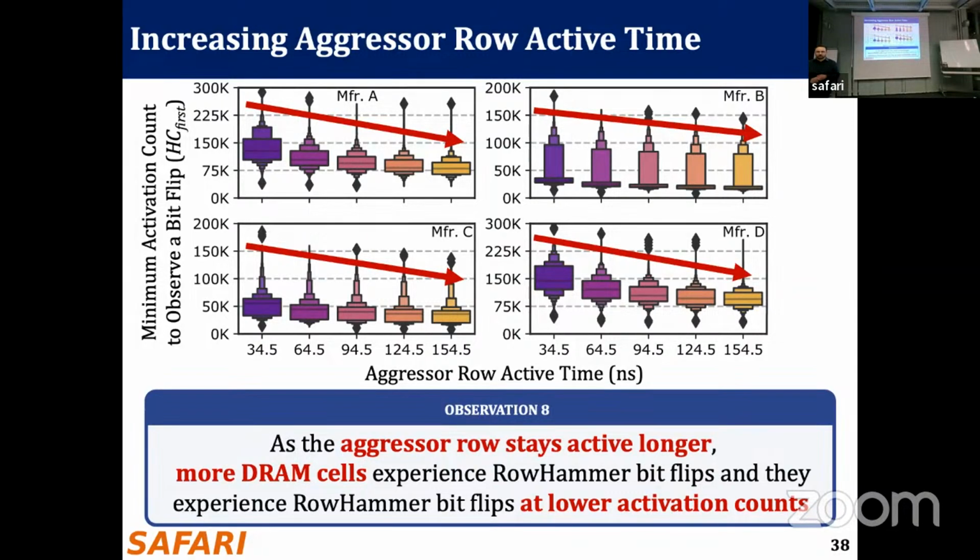But you can observe this at the system level in a way that if there's a process that keeps accessing some particular region in your memory, maybe that process is already activating a lot of rows in that region. And on top of that, if you conduct a RowHammer attack and also activate the same rows for some time, then maybe you can achieve some bit flips quicker compared to other regions.